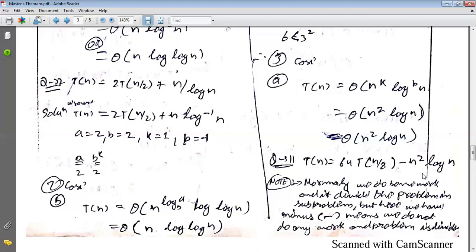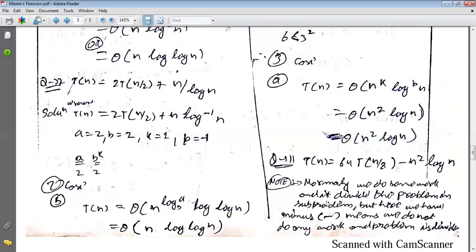Now the next question is why we cannot solve it. If we try to solve it, we are supposed to do the work in constant time. But can we subdivide the problem into further parts? The answer is no. We do the problem, but it is not divided into subparts.